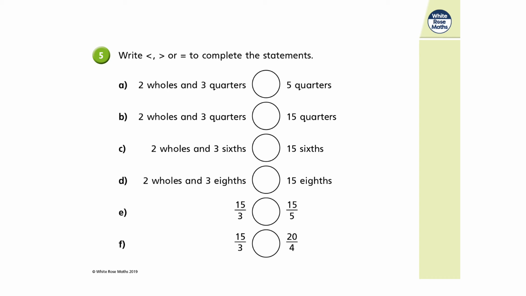So how many parts is that? 4. So I would draw 2 whole ones, each one divided into 4, and then another whole bar divided into 4 and shade in 3. And see if you then can say whether it is greater than, less than, or equals to 5/4. And do the same for the others, please. Have a go. They are tricky, but have a go.